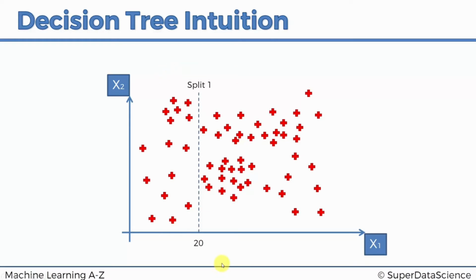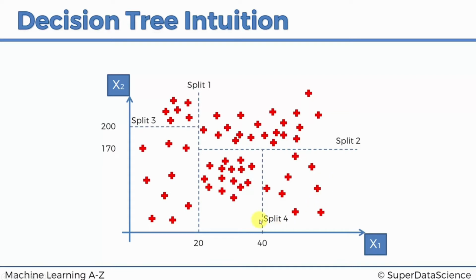So it would basically split your scatter plot into two parts: everything that's less than 20, everything that's greater than 20 for the x1 variable. Then another split would happen here. For all of the elements on this side, they would be compared to 170, greater or less. And then there would be another split here, and then maybe another split over here.